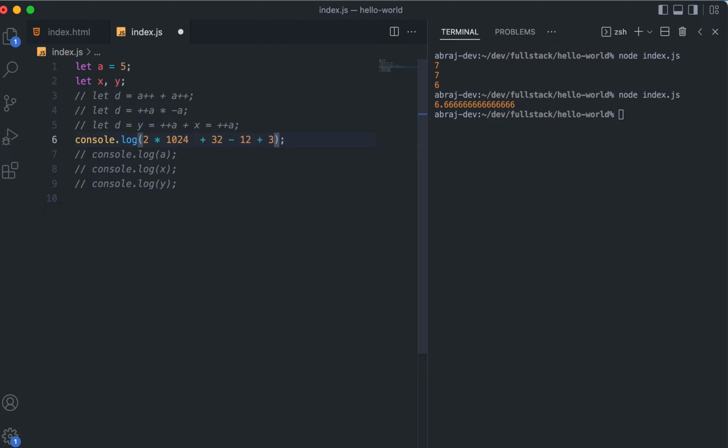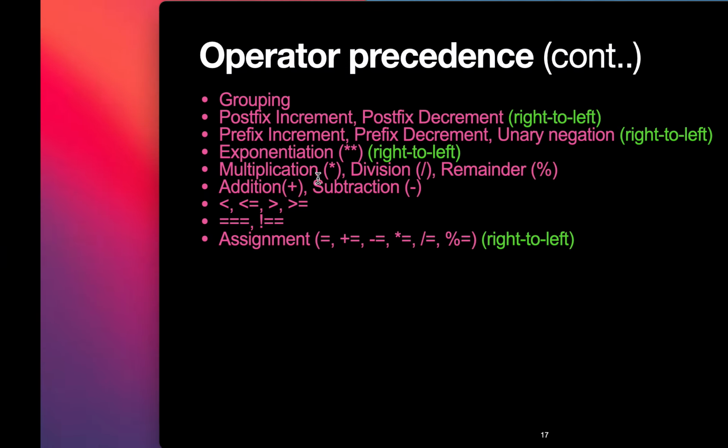And again, let's say somewhere division is there, then what will be done first? Multiplication and division have the same precedence, so again left to right is applied. If it were arranged the other way, then also this would be done first and then that, and then whatever the answer, addition and subtraction will happen.